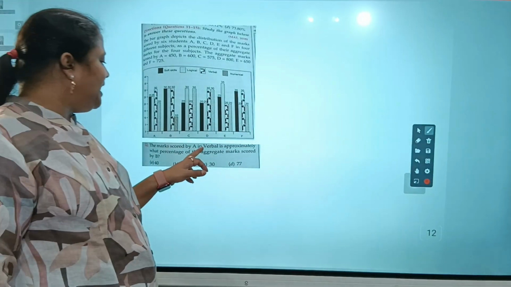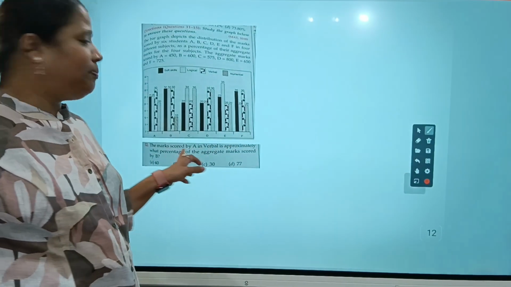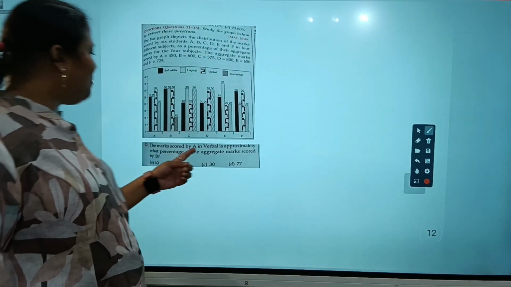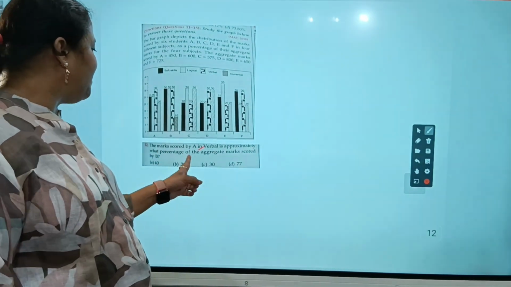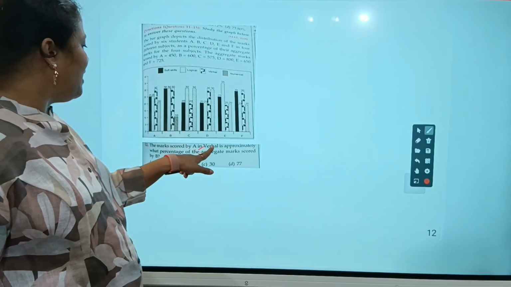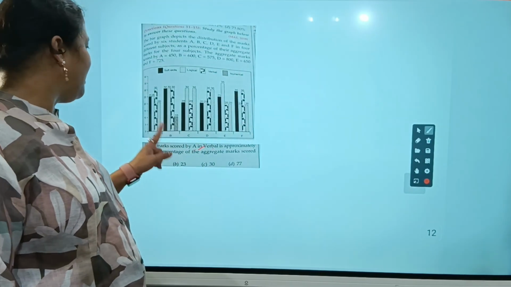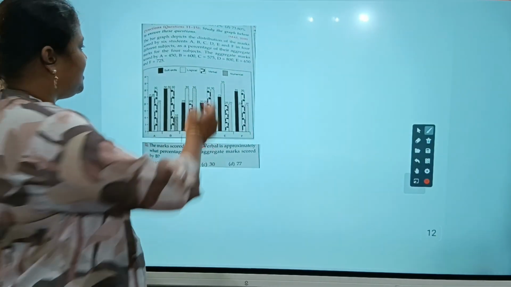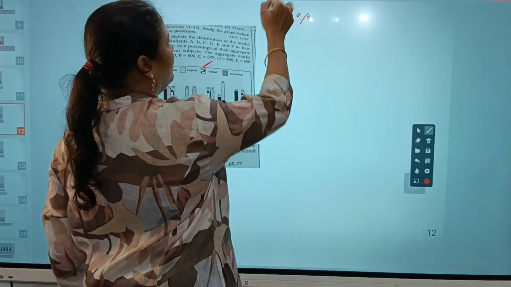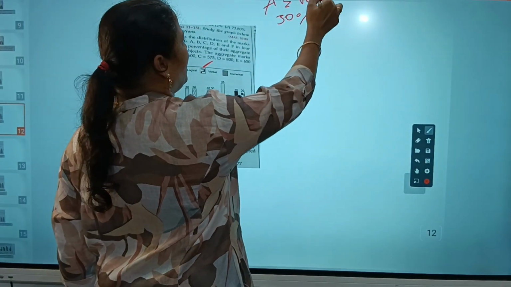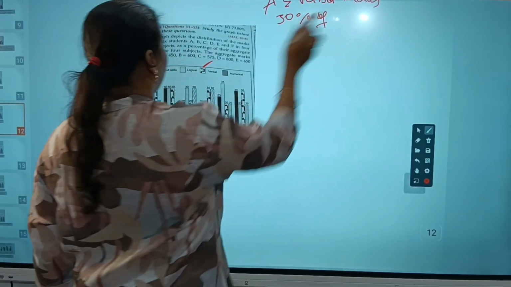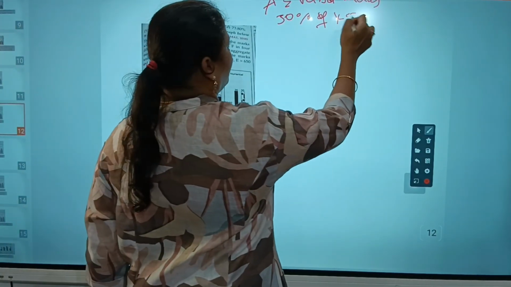The marks scored by A in verbal is approximately what percentage of aggregate marks scored by B? Means for A in verbal we have to calculate how many marks he got. So verbal means this box. 30% of A's aggregate marks 450.